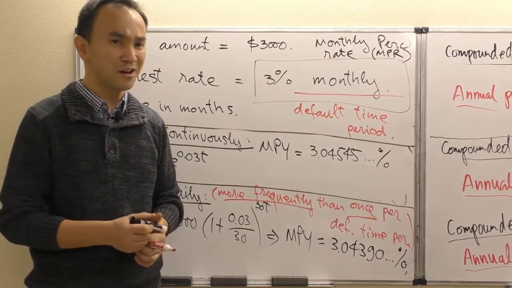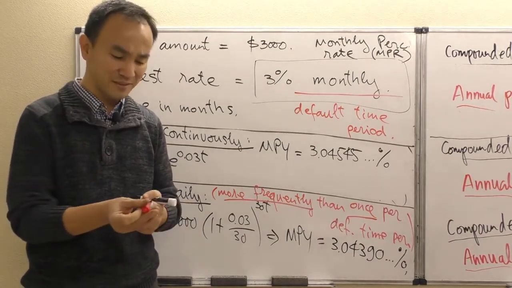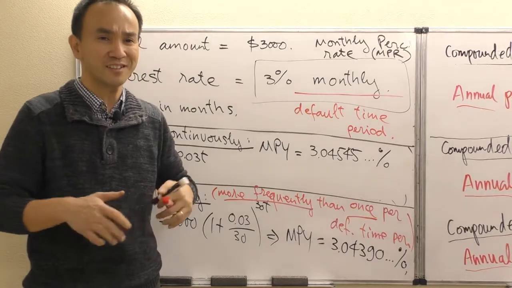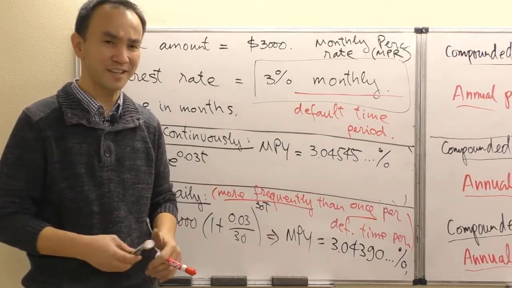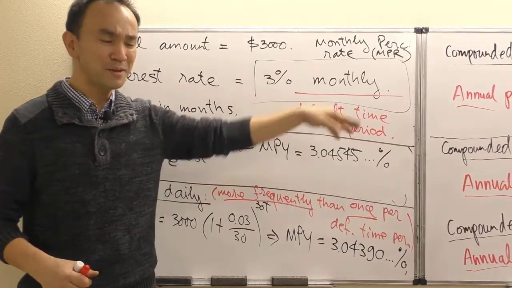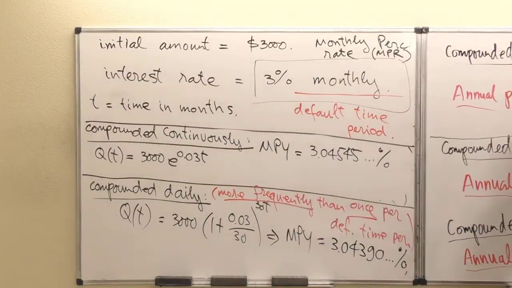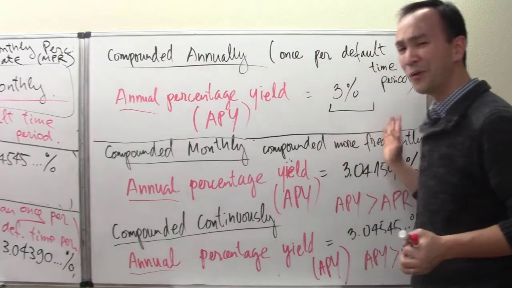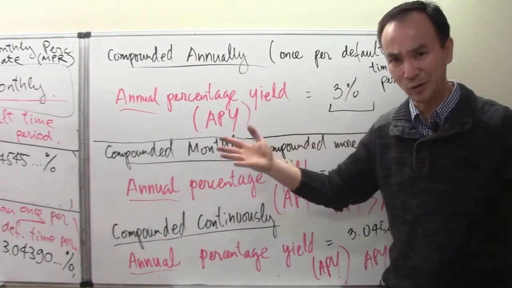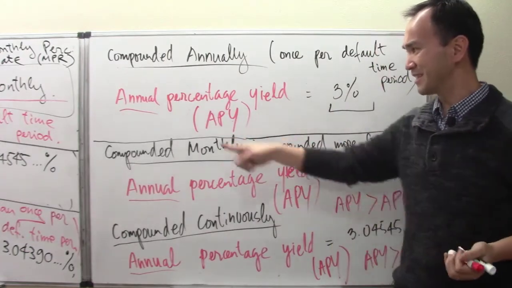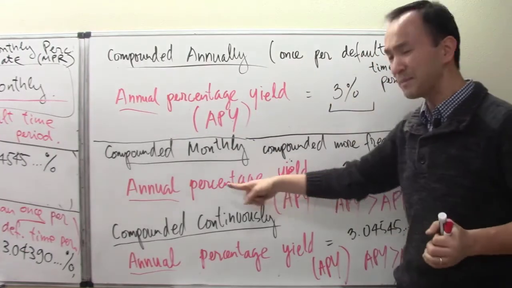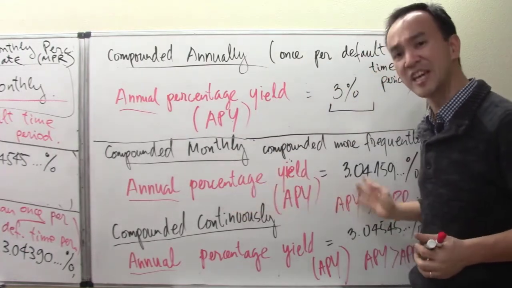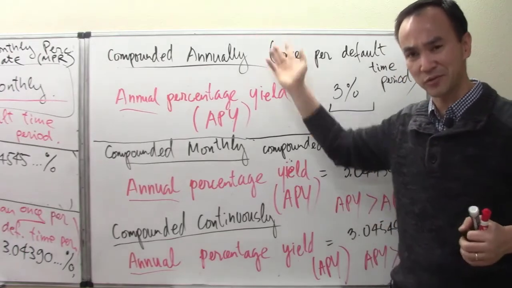All right, and so now at this point, anyone learning in this lesson may have started feeling a headache. I already felt that. Sometimes it's an APY, sometimes it's an APR: annual percentage yield versus annual percentage rate.